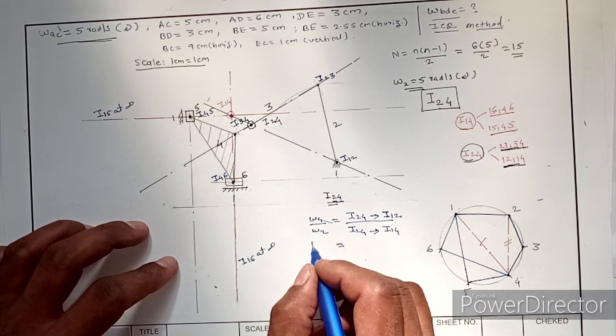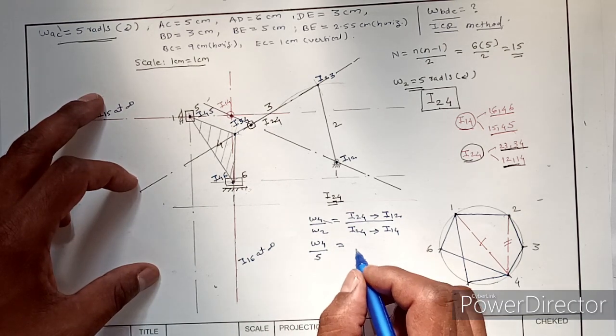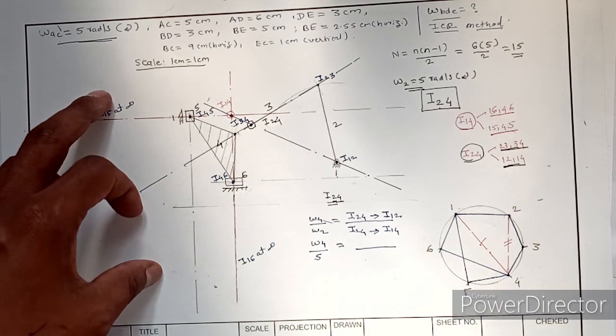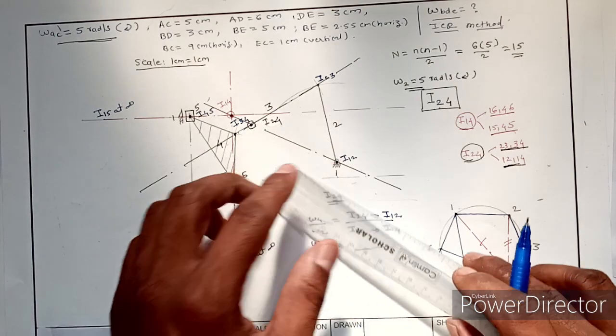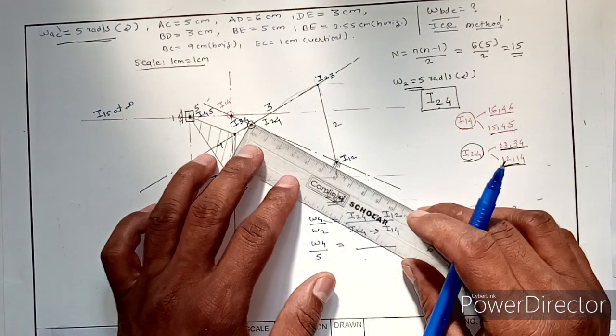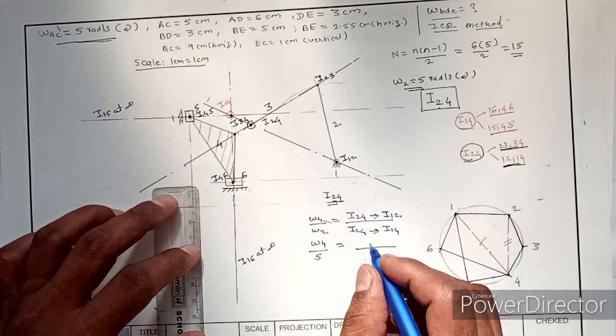So let us measure these distances. The distance from I24 to I12: here is I24, here is I12. Let us measure the distance. It is 6 centimeters.